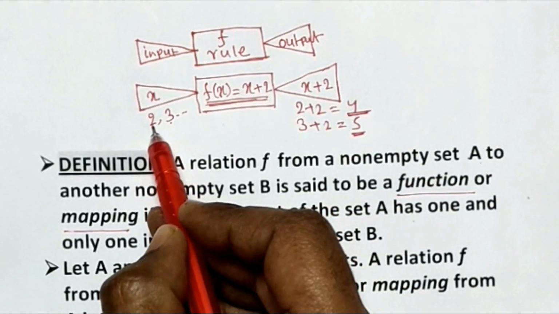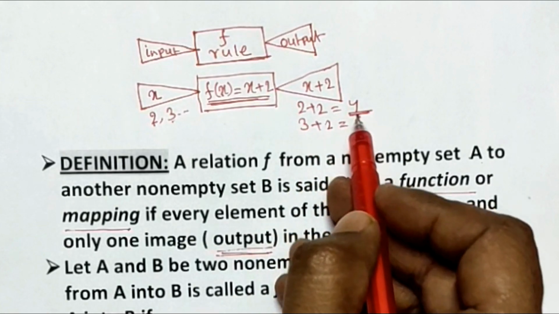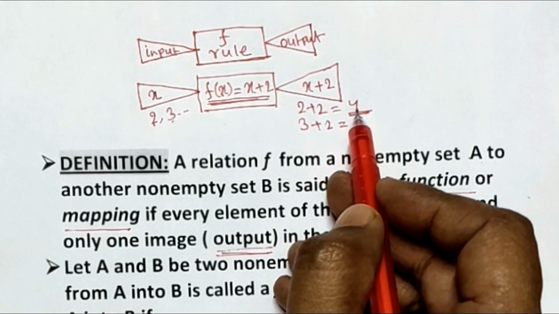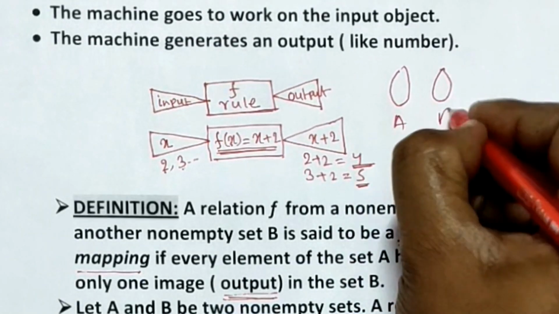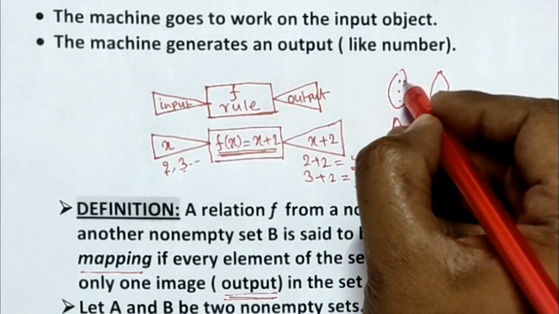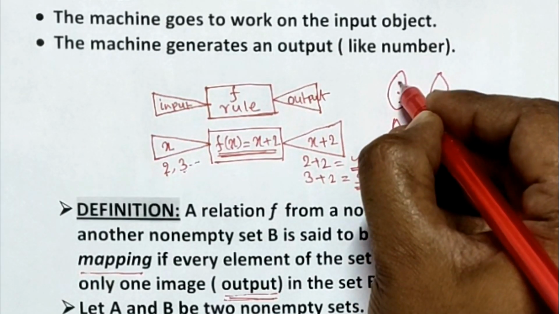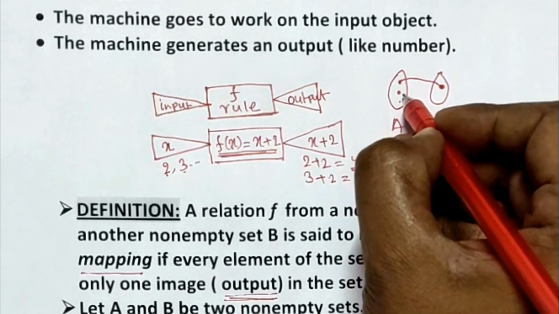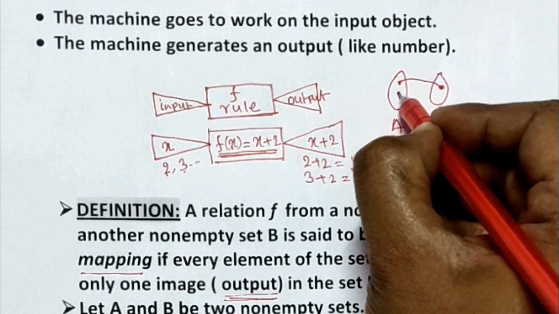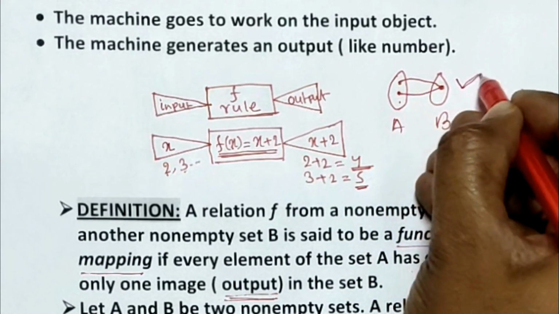Here for each element we get one and only one output. Suppose this is set A, this is set B. If we take any input from the set A, we get only one image. Maybe sometimes for different inputs we get the same image also. This is called a function.